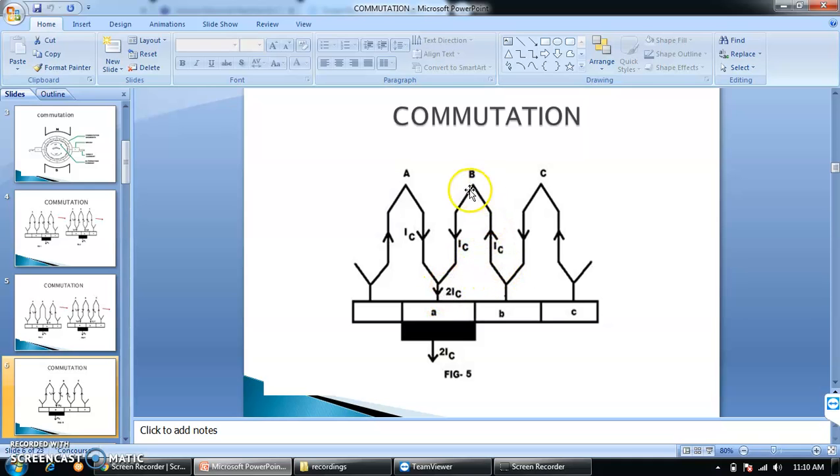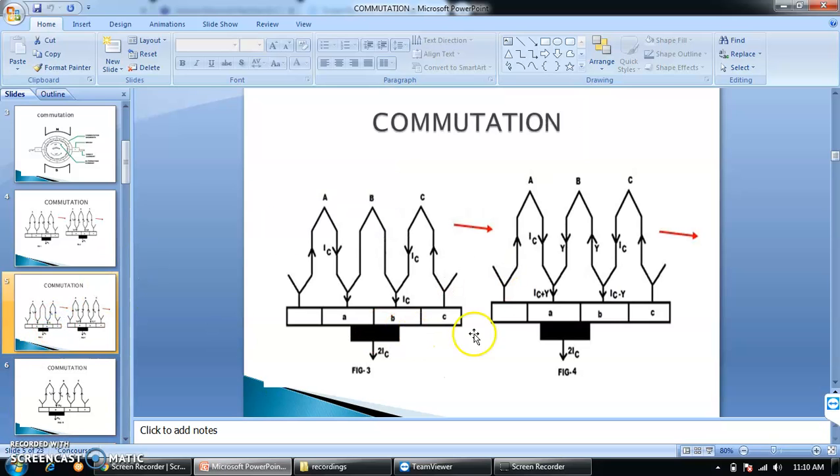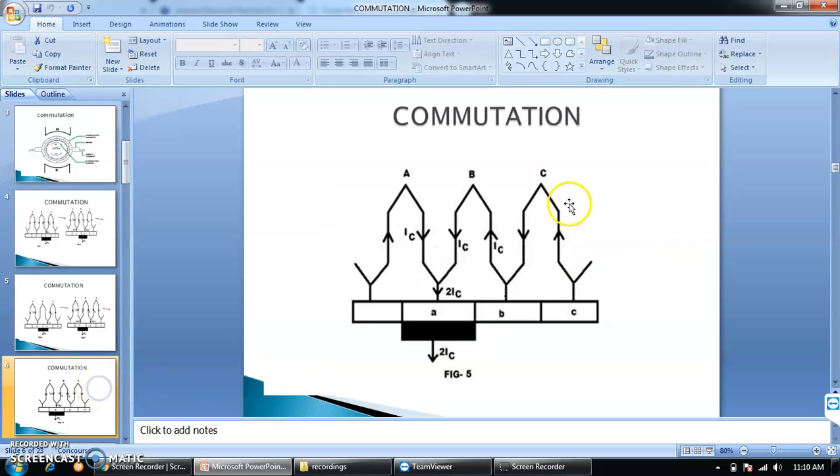Again, the commutator segment B, which is carrying this section's current in the same direction, is getting a path through here. As in the previous case, they are carrying current in the same direction. So this IC plus IC, the total collected current that we are getting here, is 2IC.